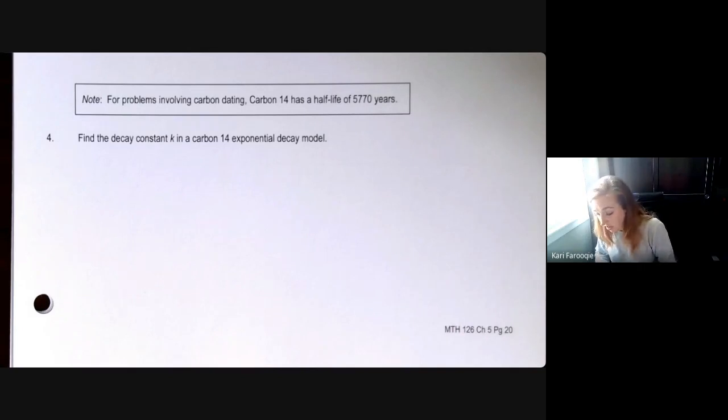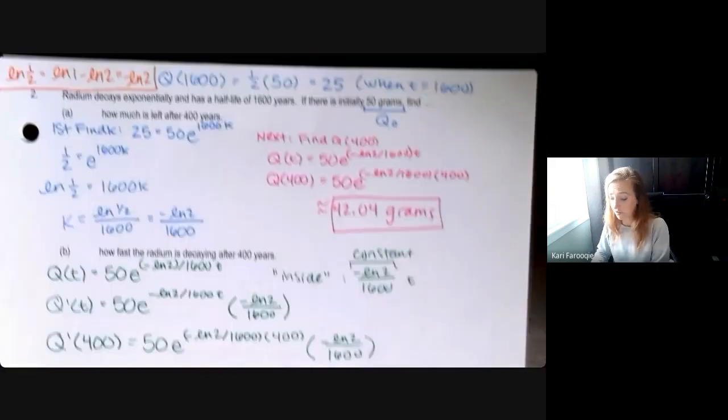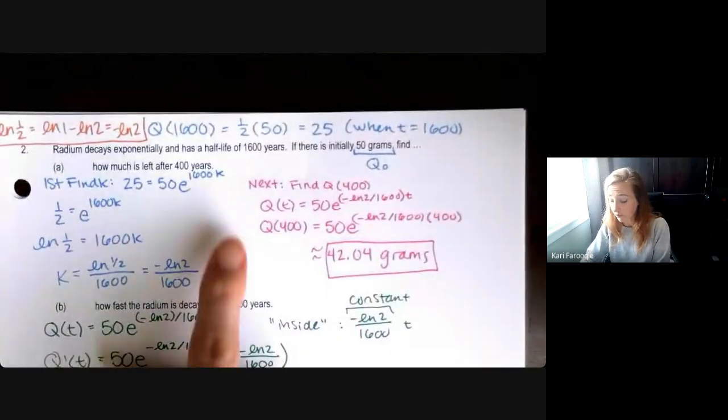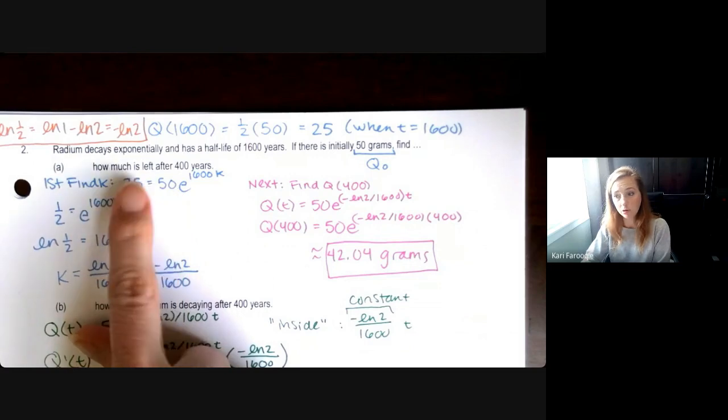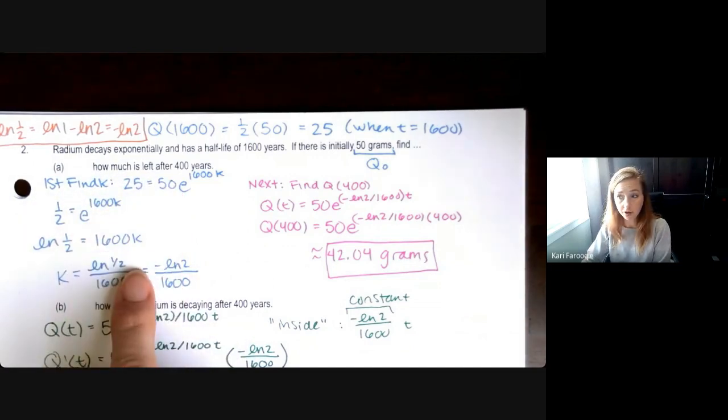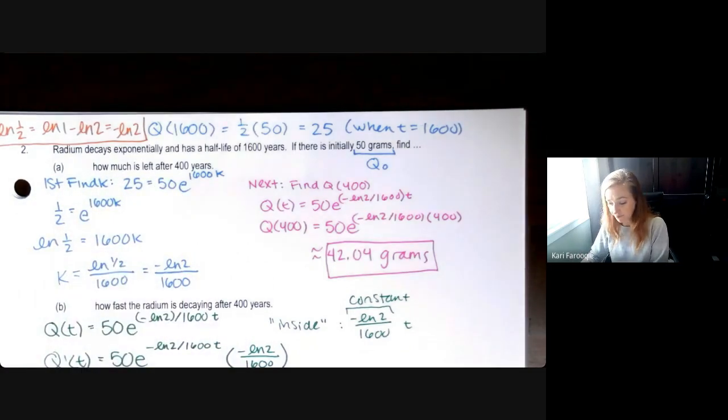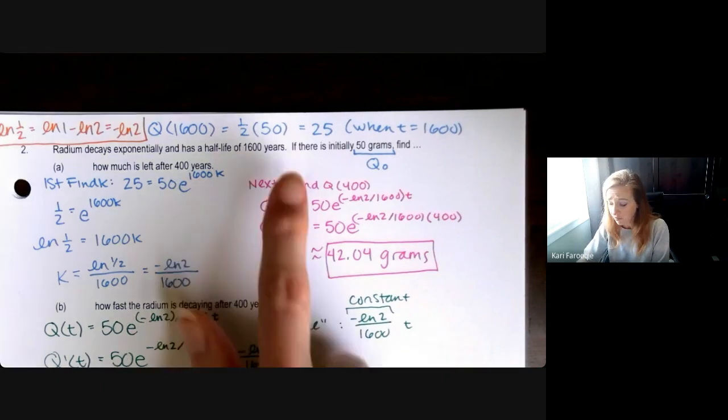We're going to find the decay constant K in a carbon-14 exponential decay model. So in order to do that, we're going to use the half-life, just like we did in the previous example. So last time we looked at a half-life of 1,600 years. We found K, and we were like, okay, we know the final, we know the initial, so let's solve for K.